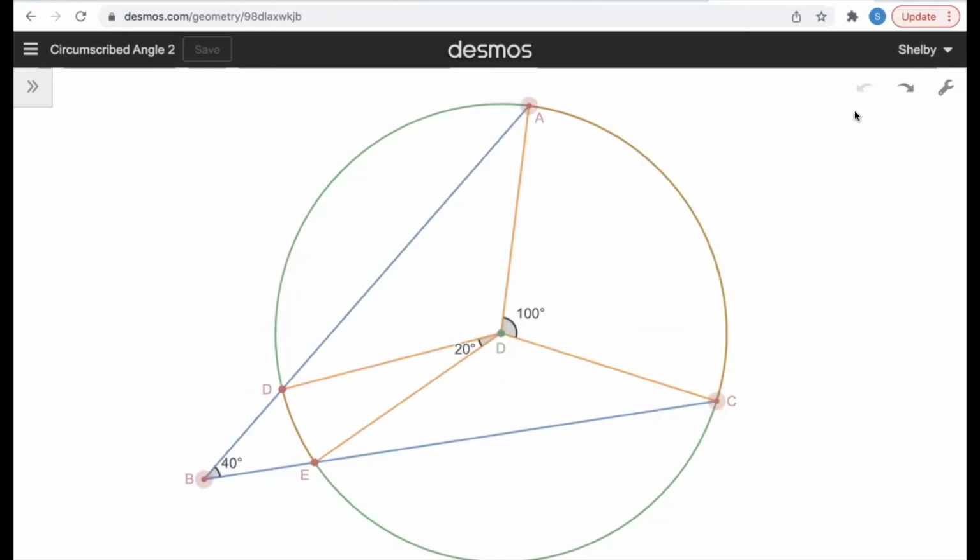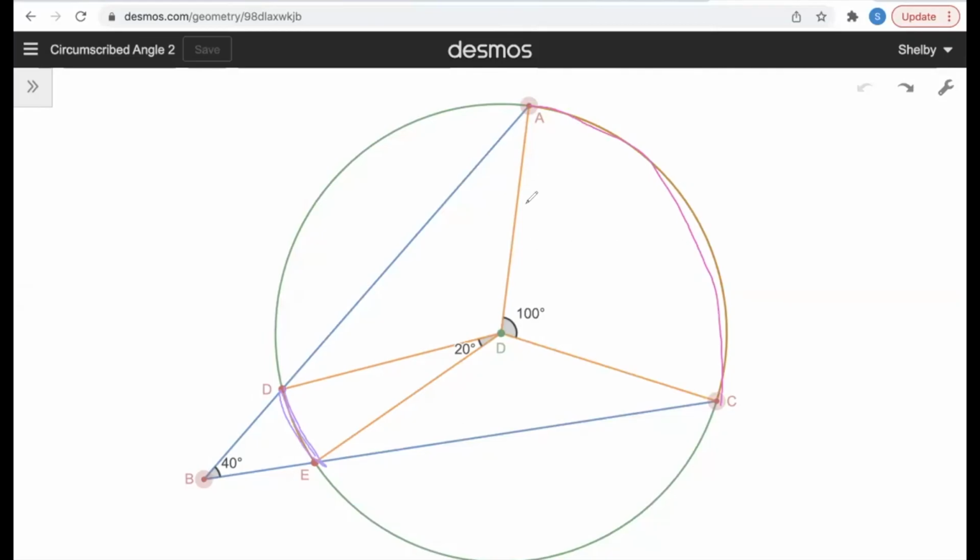Now we're going to explore the relationship between the measure of the circumscribed angle and the measure of its intercepted arcs. So I know this looks like a lot going on on this screen, but notice that this circumscribed angle intercepts two arcs. So it intercepts this arc here from A to C, and it also intercepts this arc over here from D to E. So every circumscribed angle will have two intercepted arcs.